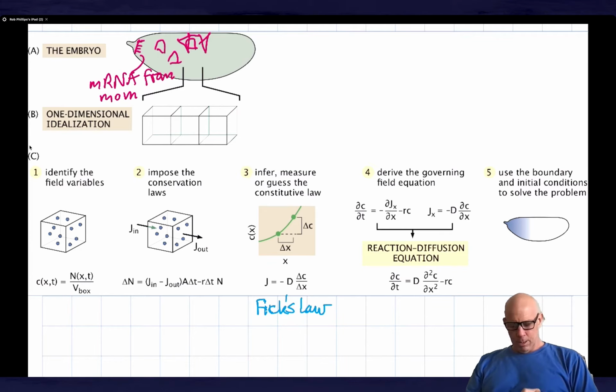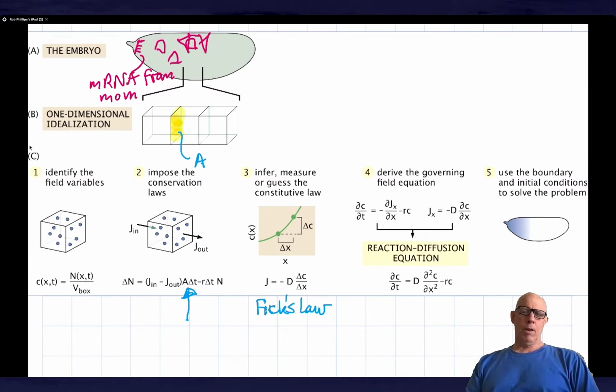And the idea has already been explored several times. Just recall that the units of flux are number of molecules per area per time, which explains why over here we have the area, the cross-sectional area of this face up here. So that is the area A, right here.